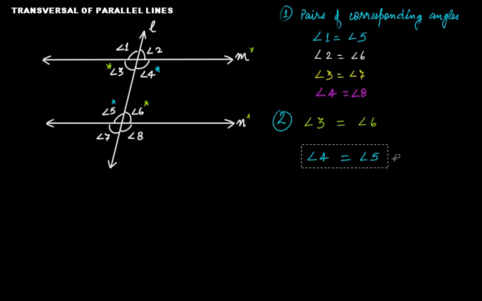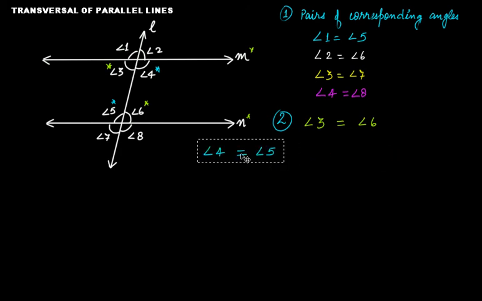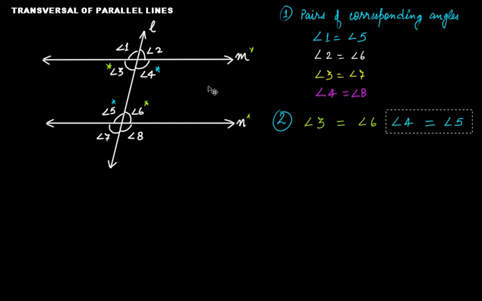Let's prove it. So first I'm going to prove for angle 3 is equal to angle 6. Now we know that angle 3 will be equal to angle 2.